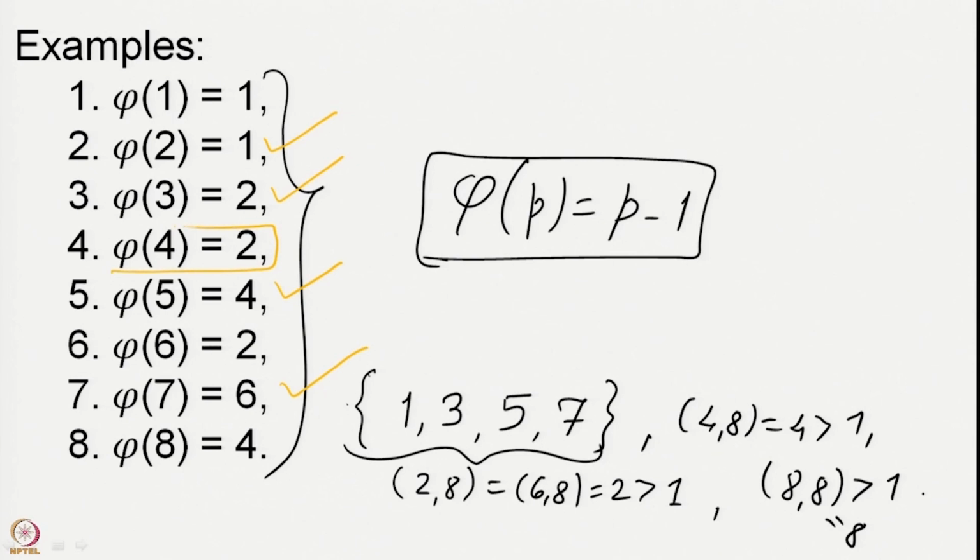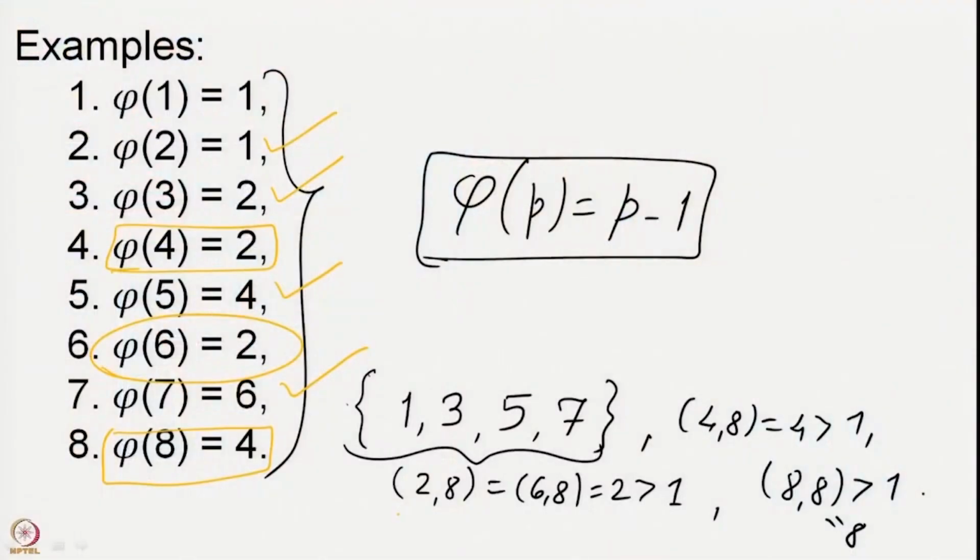These other quantities, phi of 4 and phi of 8, are prime powers. And then phi of 6 is something still complicated, which is that it is a product of two different primes.